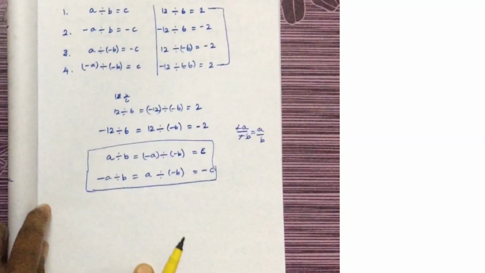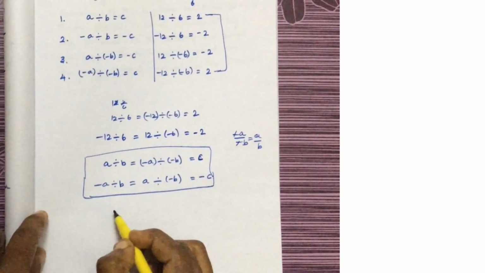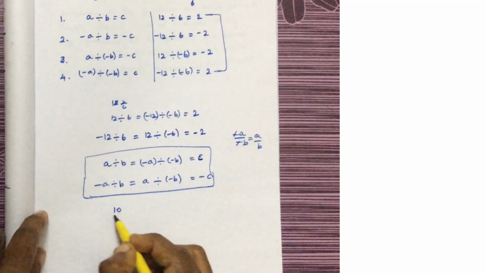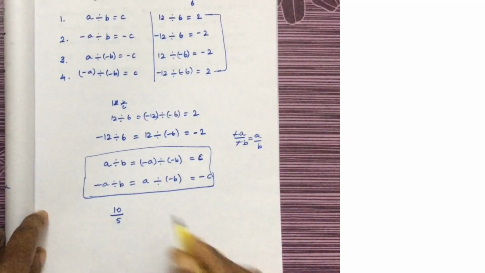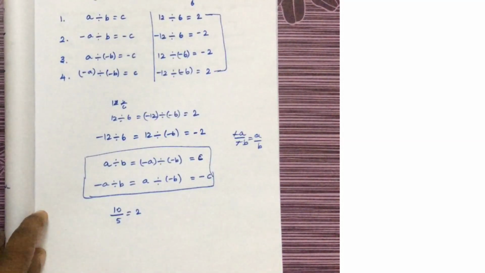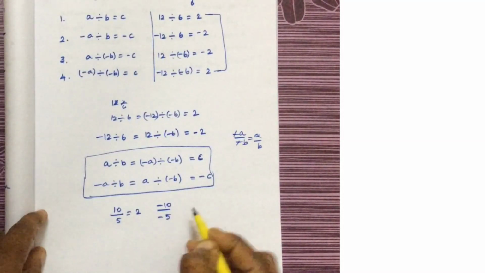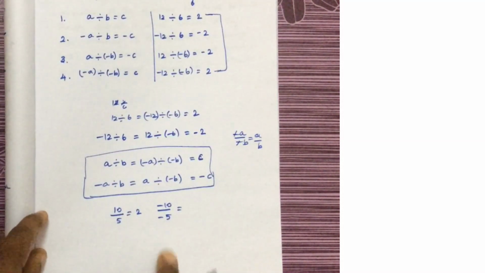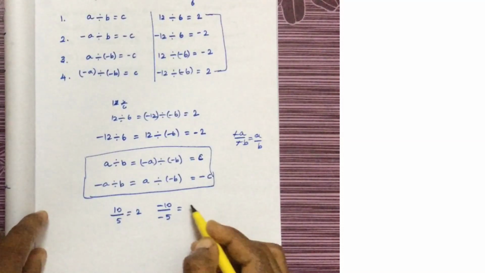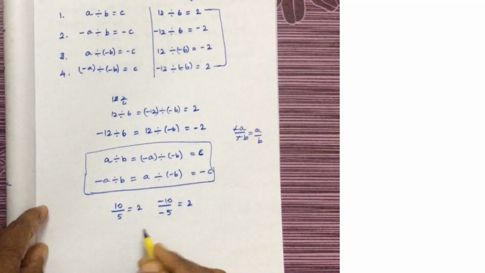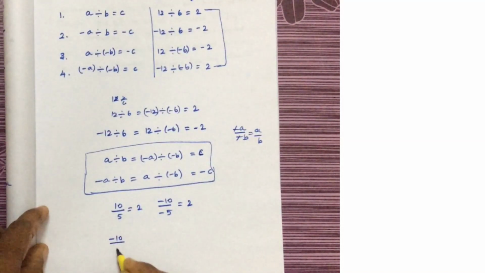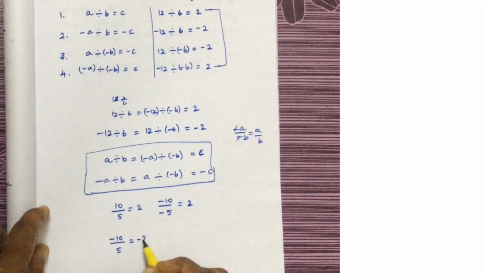We will see with examples. 10 divided by 5, the answer is 2. Minus 10 divided by minus 5, here also this minus and this minus get cancelled. The answer is 2. Minus 10 divided by 5, what is the answer? The answer is minus 2.